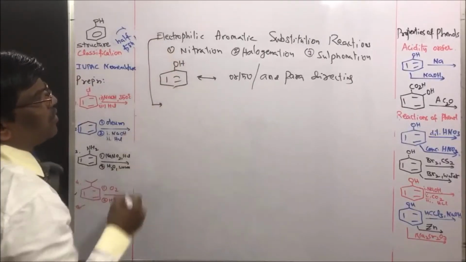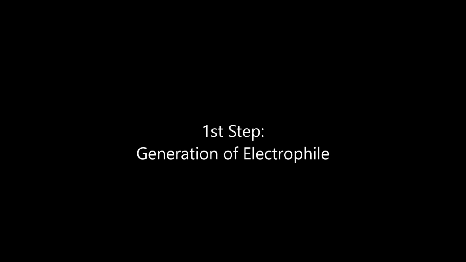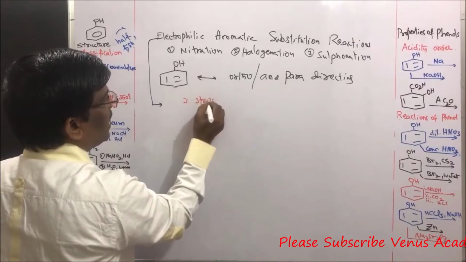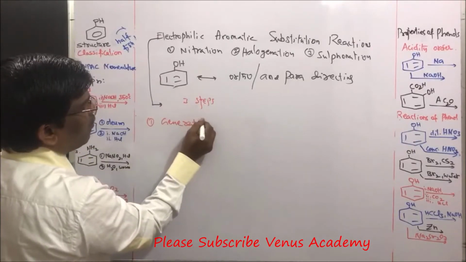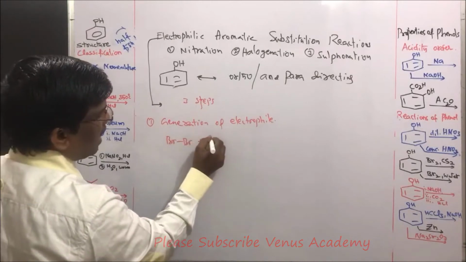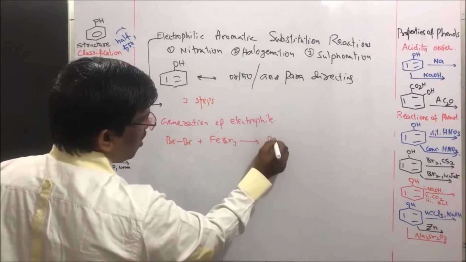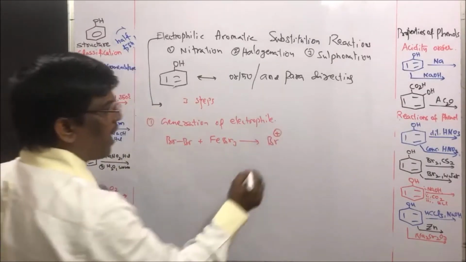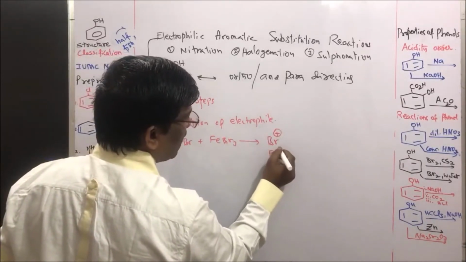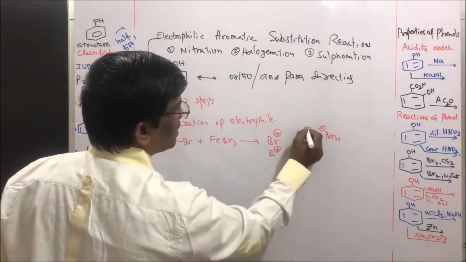Electrophilic aromatic substitution reactions involve 3 steps. First, generation of the electrophile. For example, if I take bromine and use ferric bromide as Lewis catalyst, it forms the bromine electrophile. This is the electrophile. I can write it as E plus and FeBr4 minus. Yes?